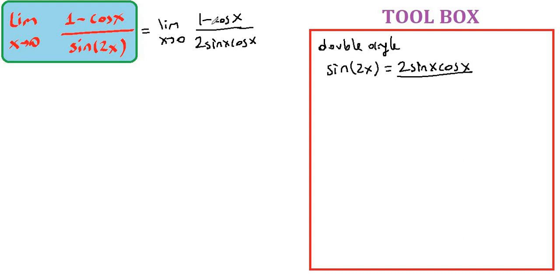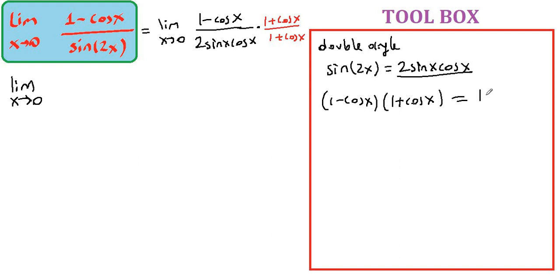Now, as we did in the previous limits, we're going to multiply both numerator and denominator by the conjugate of 1 minus cosine x, so we can utilize the difference of two squares. So 1 minus cosine x times 1 plus cosine x is equal to 1 minus cosine squared of x.